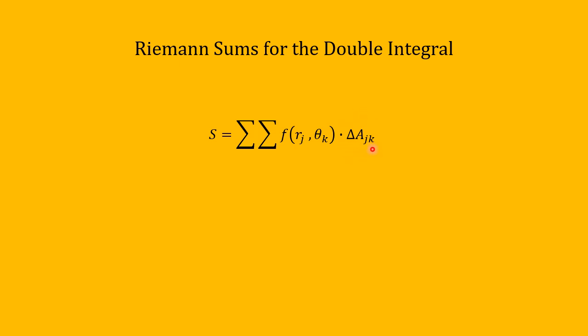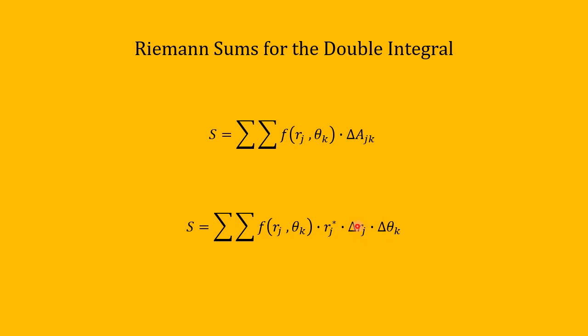But we just saw what delta A sub jk was, so we substitute that in. And so we get the Riemann sum is the sum over all relevant j's and k's of the function evaluated at r sub j, theta sub k, and then this area is r sub j star times delta r sub j times delta theta sub k.